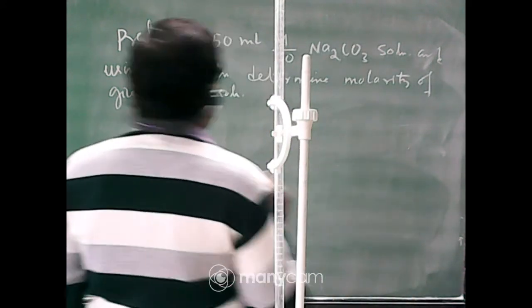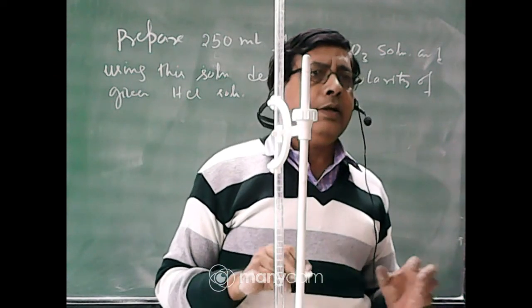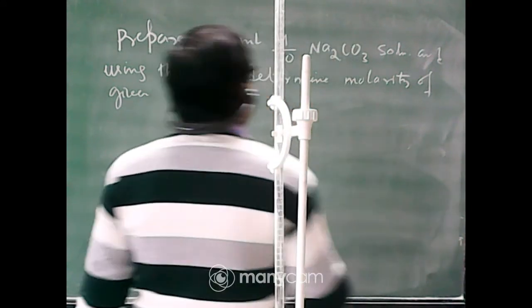So first you calculate the amount of sodium carbonate taken to prepare 250 milliliter M by 10 sodium carbonate.